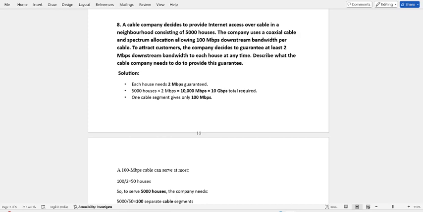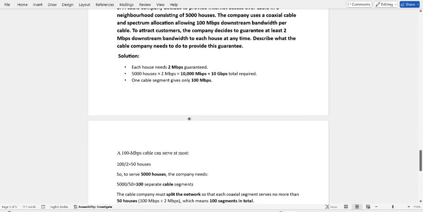To attract customers, the company decides to guarantee 2 Mbps downstream bandwidth to each house at any time. Describe what the cable company needs to do to provide this guarantee.